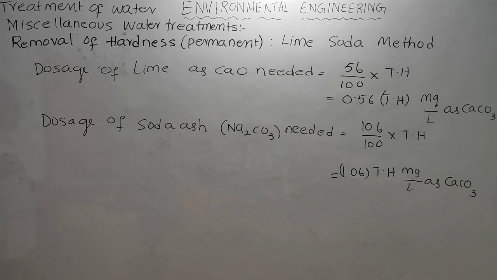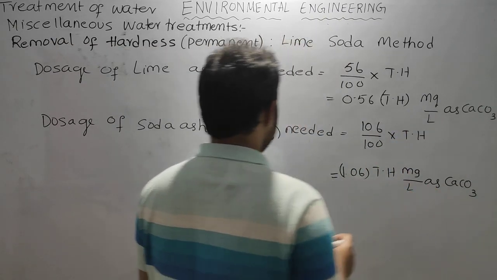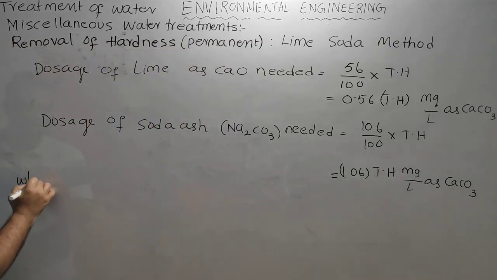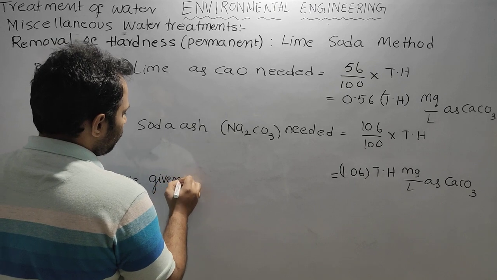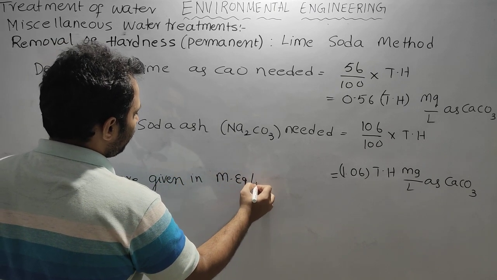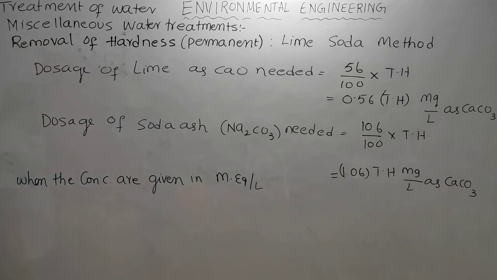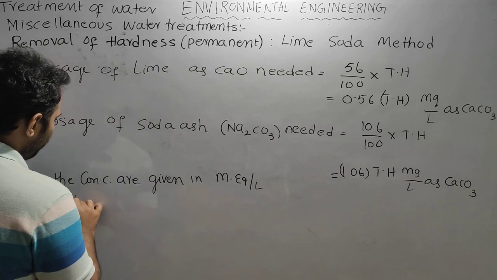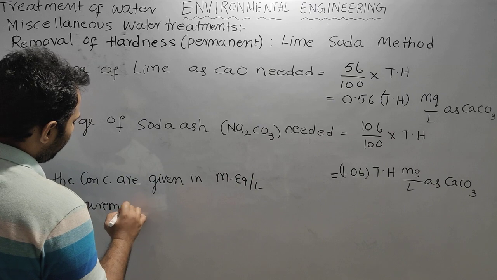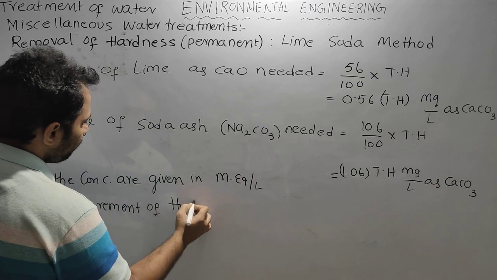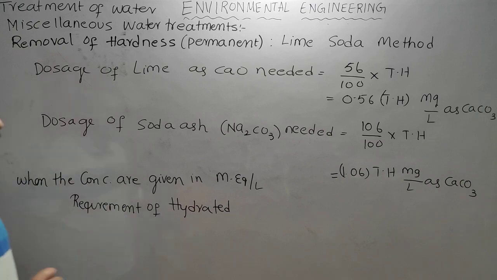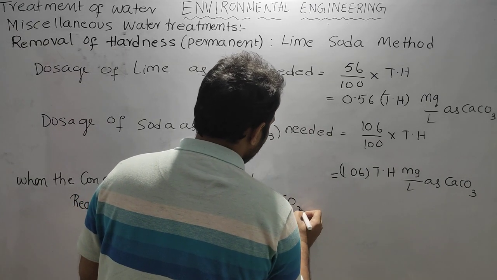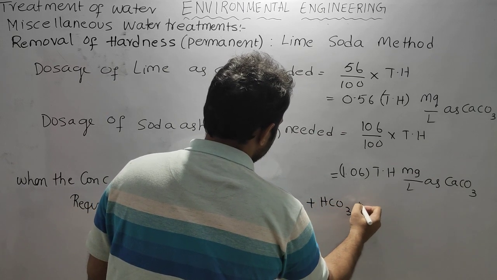Now, when the concentrations are given in milli equivalents per liter instead of milligram per liter, the requirement of hydrated lime, that is Ca(OH)2, is equal to the concentration of CO2 plus HCO3 plus magnesium.